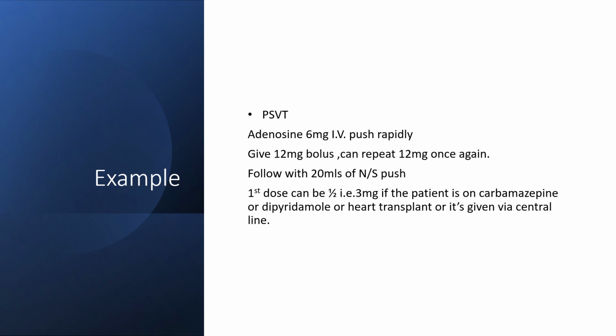Repeat that only one more time and you're done. When you push, follow with 20 mL of normal saline. But if this is through a central line, if this patient has taken carbamazepine or dipyridamole, or has received a heart transplant, please cut the dose into half, please.